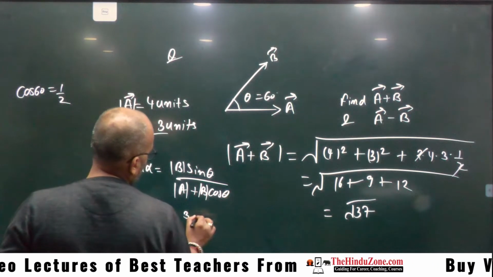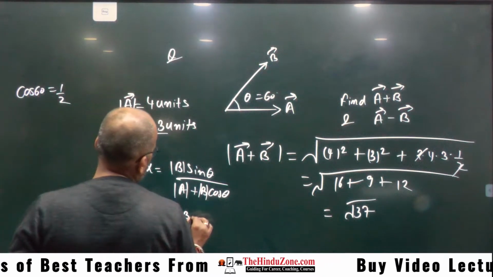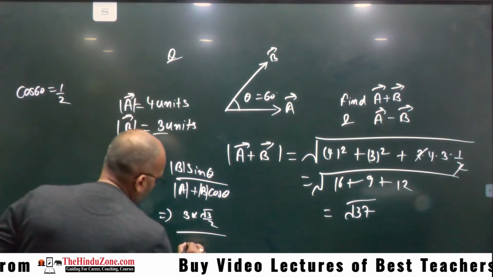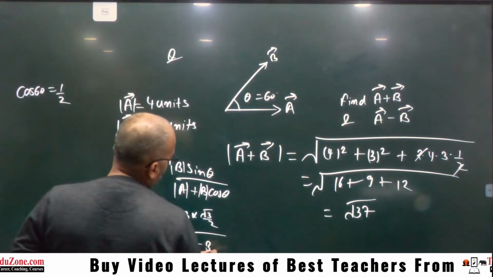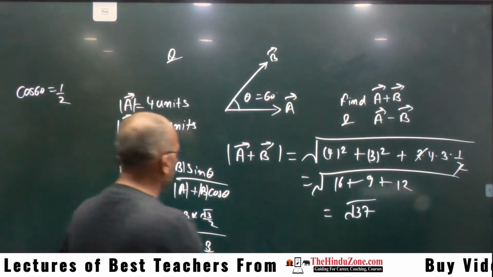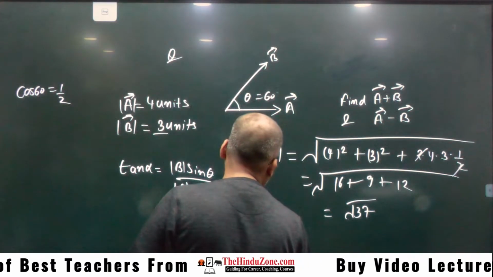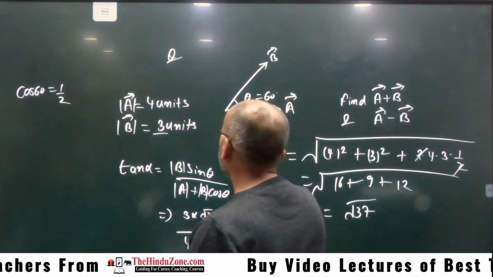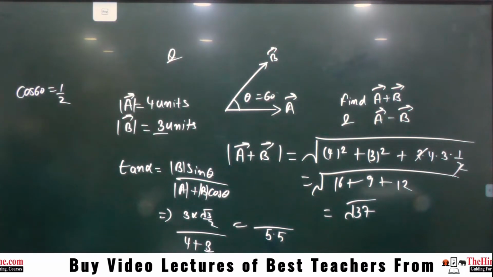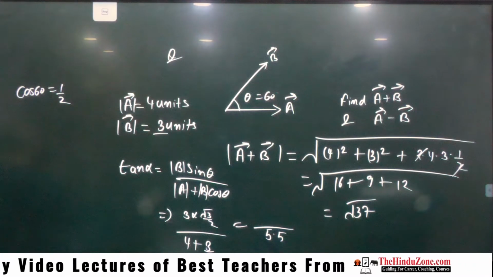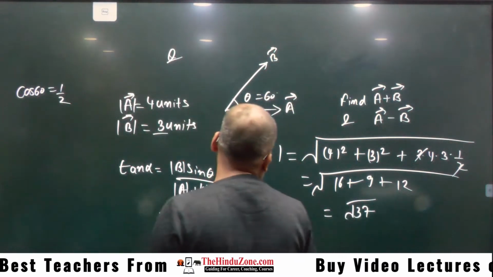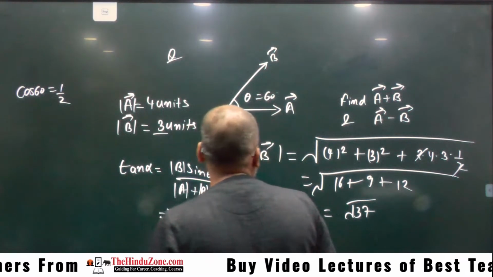So B is 3, sin 60. Sin 60 is root 3 upon 2, divided by A. A is 4, plus 3 into cos 60, that is 3 upon 2. 3 upon 2 is 1.5. So 4 plus 1.5 is 5.5. 3 into root 3 upon 2, that is 1.5 into 1.7, 17 into 15. 17 tens are 170 and 17 fives are 85, so that makes it 255, that is 25.5, divided by 5.5.